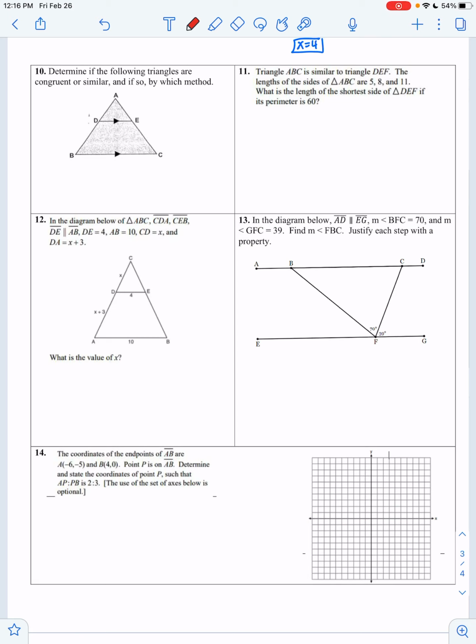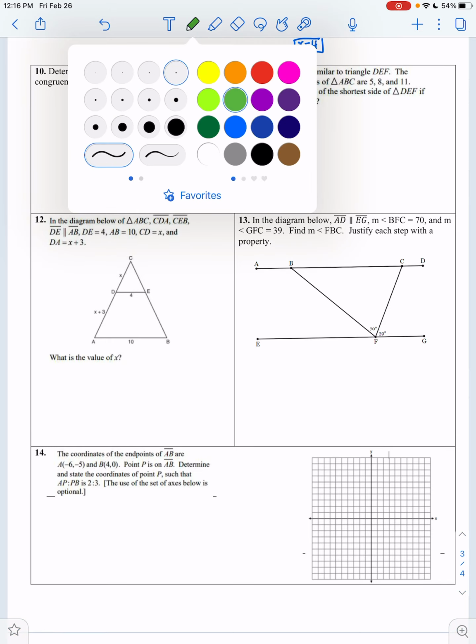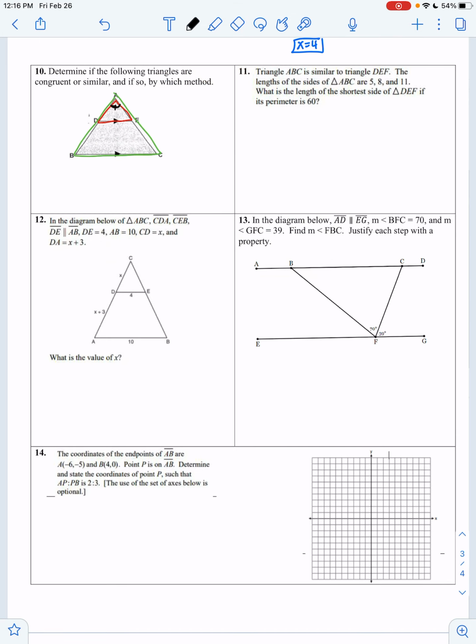Awesome. So we're on to the third page of our review sheet, and let's take a look. Number 10 says determine if the following triangles are congruent or similar, and if so, by which method. So here are my two triangles, and we have that there's a parallel line between them. What I do know is that they share this angle on top, right? So I already have one angle that is going to be congruent.